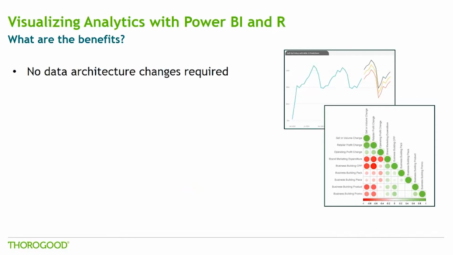Integrating R analytics into your reports with Power BI doesn't require any change to your back-end data structure. Within Power BI, users have the ability to synthesize data from a variety of sources, and then you can take all that data and structure it however you need for your reporting. But the great thing about the integration with R is that after your data is already in there, you can also add valuable visuals utilizing statistical modeling and analysis.